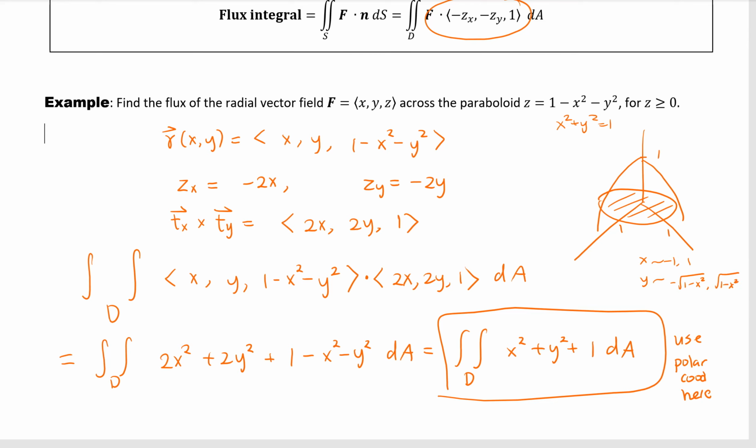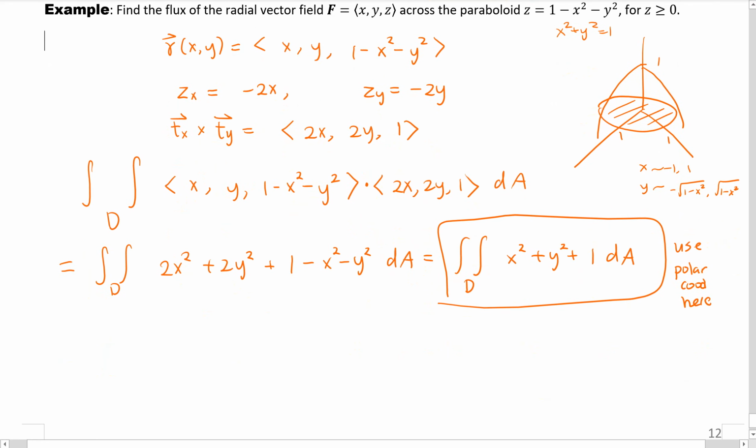So this is more complicated, isn't it? So let's use polar coordinates. That's why I didn't put x and y bounds there, because later, when we use polar coordinates, it can simplify our answer.